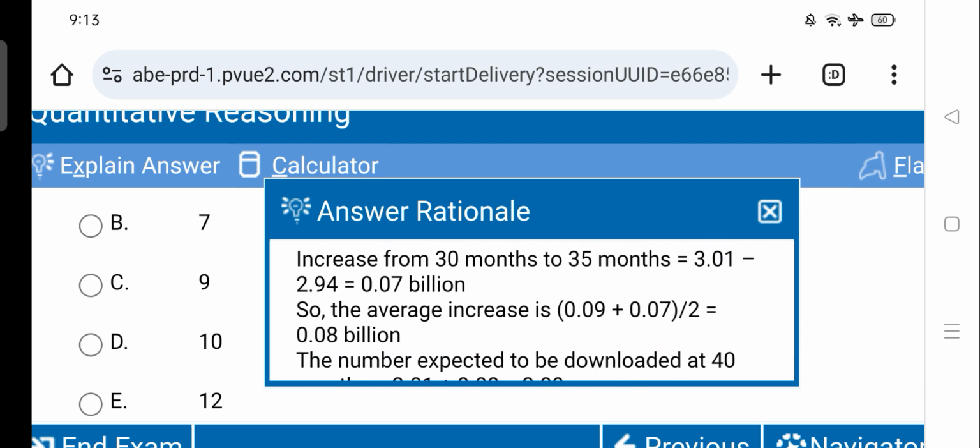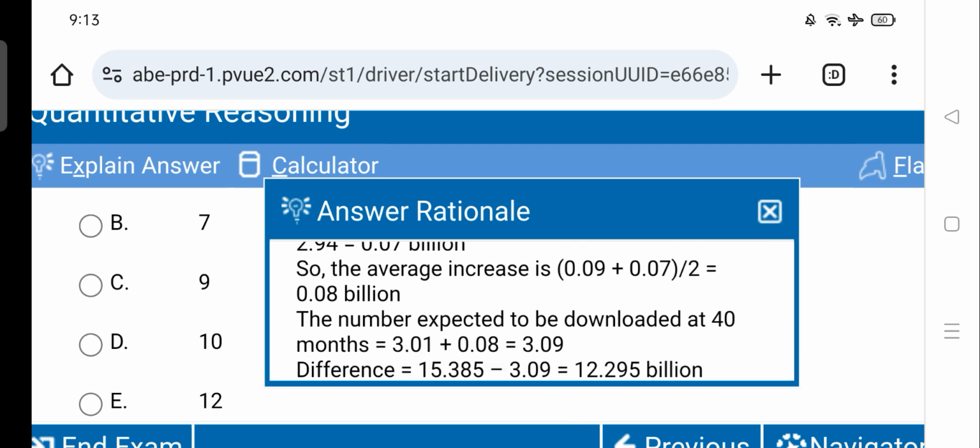Increase from 30 months to 35 months equals 3.01 minus 2.94 equals 0.07 billion. So the average increase is 0.09 plus 0.07 divided by 2 equals 0.08 billion.